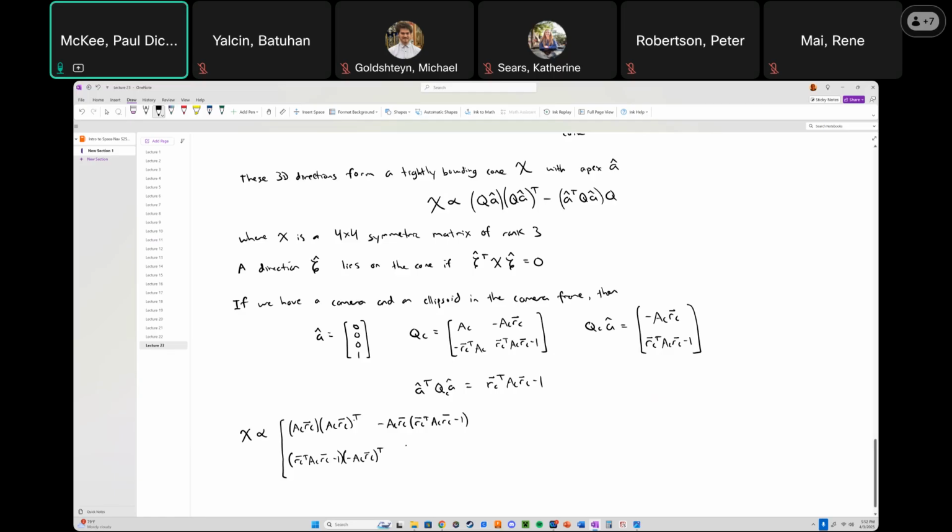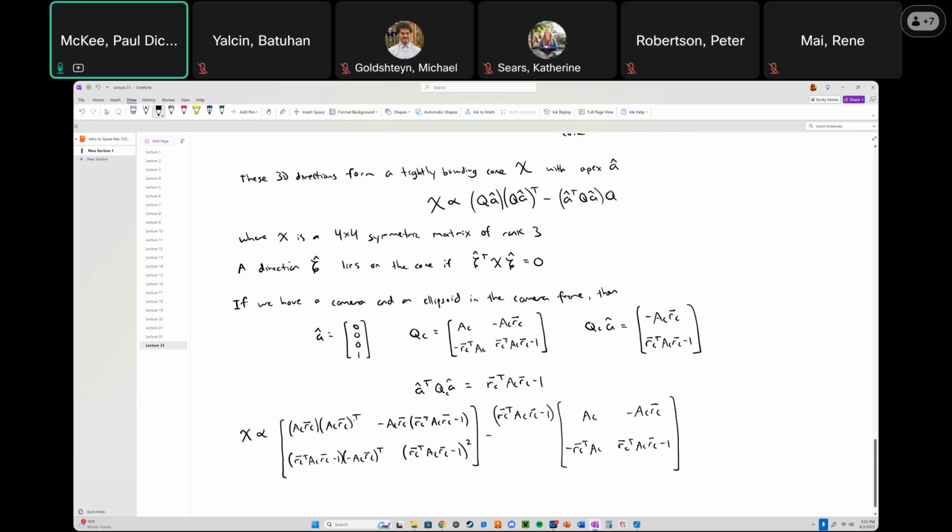And then r_C transpose A_C r_C minus 1 squared minus r_C transpose A_C r_C minus 1 multiplied by A_C, negative A_C r_C, negative r_C transpose A_C, and then finally r_C transpose A_C r_C minus 1.